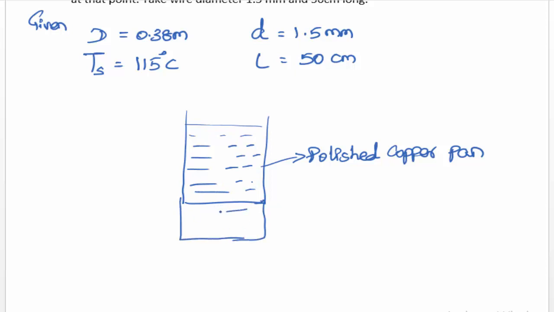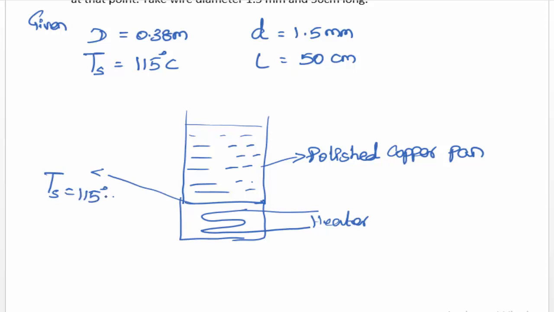So this is your electric heater, and the surface temperature is Ts equal to 115 degrees Celsius. Similarly, the saturation temperature of the water is 100 degrees Celsius, because in the problem it is given that it is at atmospheric pressure. You know that at atmospheric pressure the saturation temperature of the water is 100 degrees Celsius.